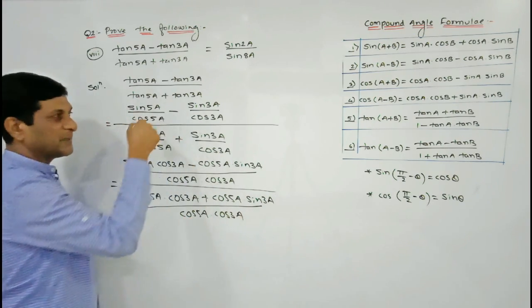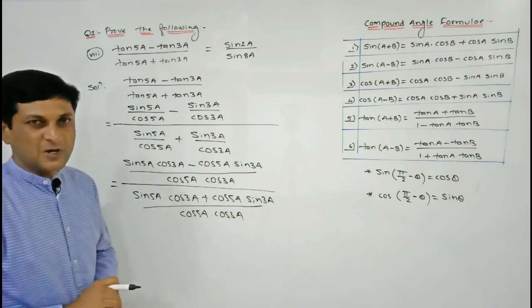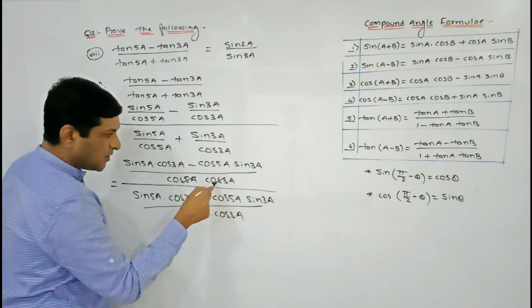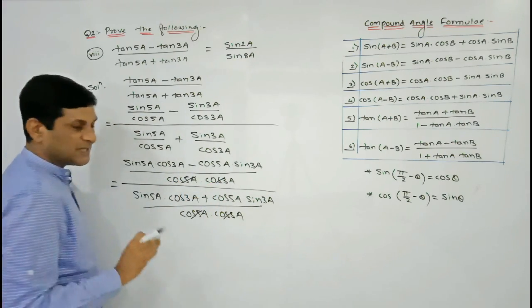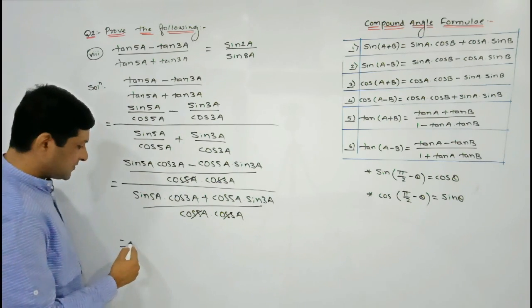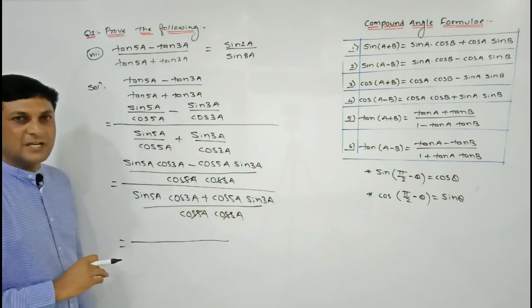Simply we have taken cross multiplication in both numerator and denominator, and we have got this result. Here we can observe that cos 5a into cos 3a from numerator and denominator will get cancelled. After cancelling cos 5a into cos 3a, observe the remaining term very carefully.